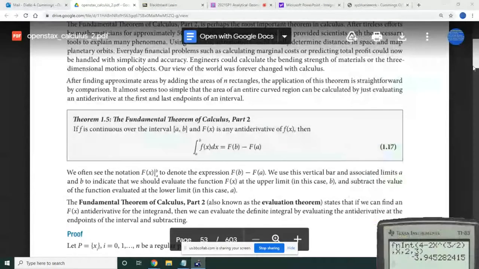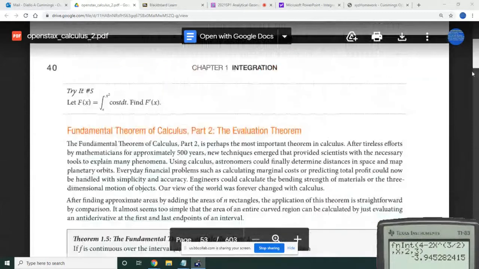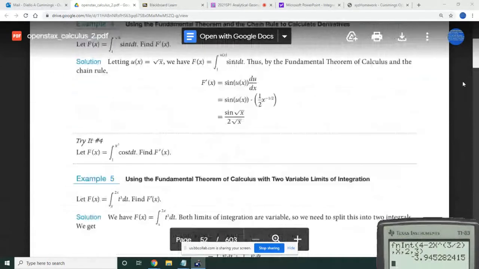So now we'll take a look at the first part of the fundamental theorem of calculus.